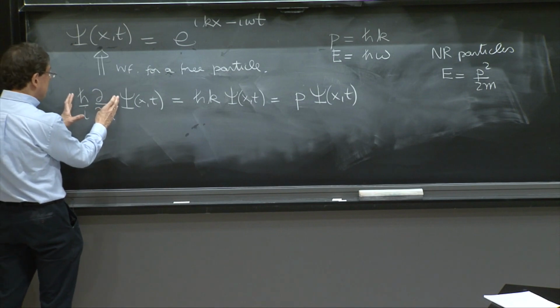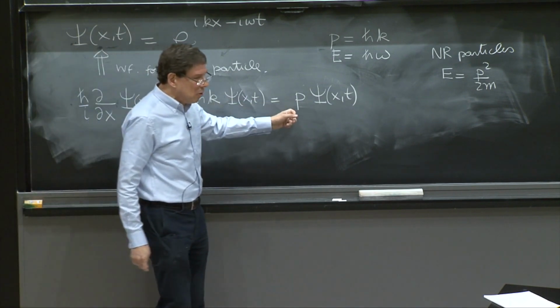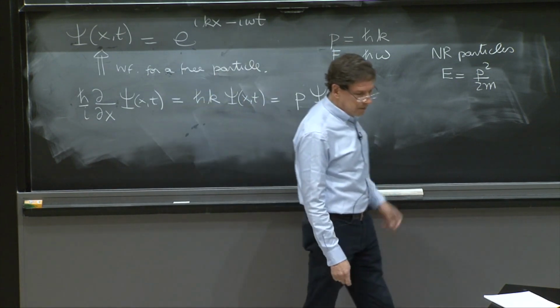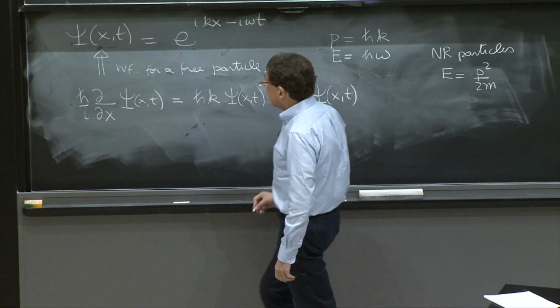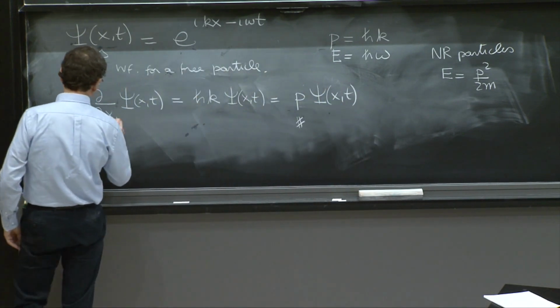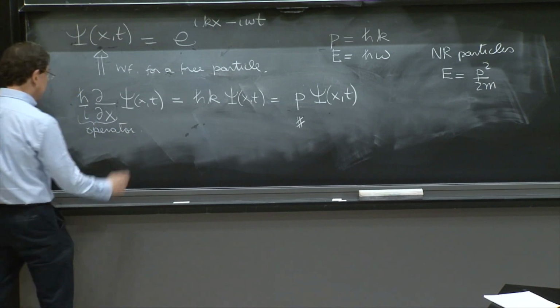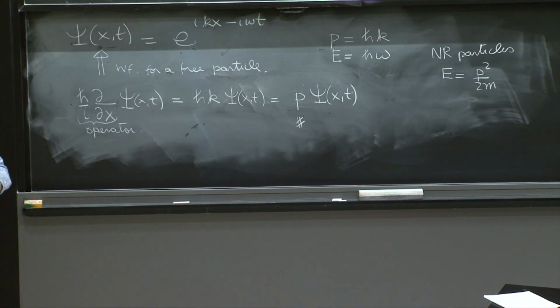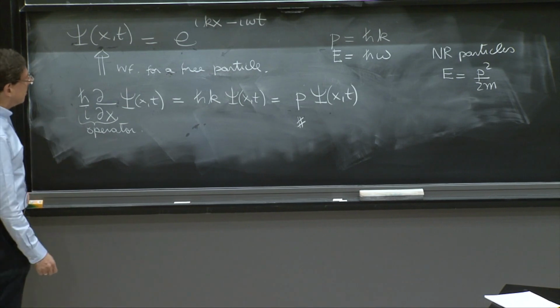And when it acts on this wave function, it gives you the momentum times the wave function. And this momentum here is a number. Here you have an operator. An operator just means something that acts on functions and gives you functions. So taking a derivative of a function is still a function, so that's an operator.